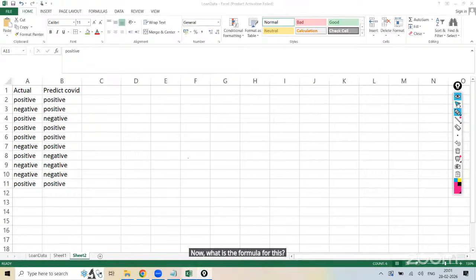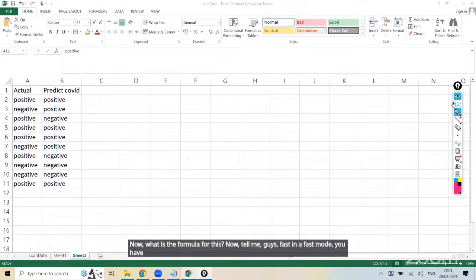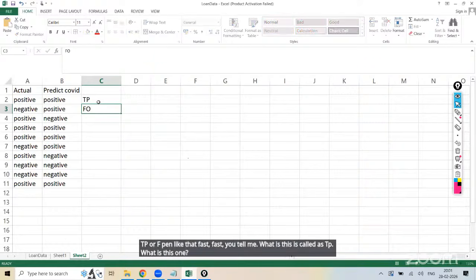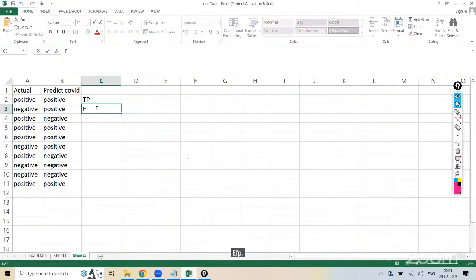Now tell me guys, in fast mode, you have to tell me TP or FN like that. What is this called? TP. What is this one? FP. Next one, FN. Next, TP. TP. Next, FP. Next, FN.